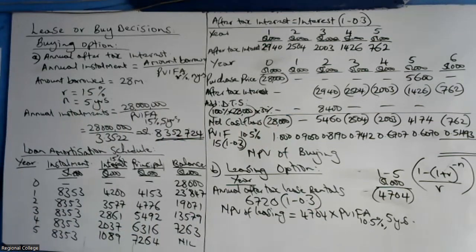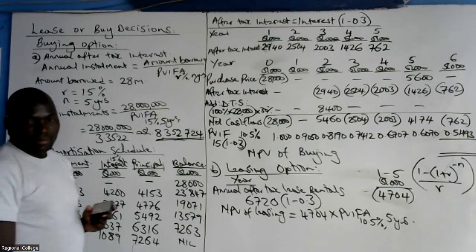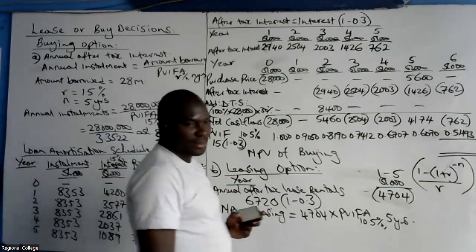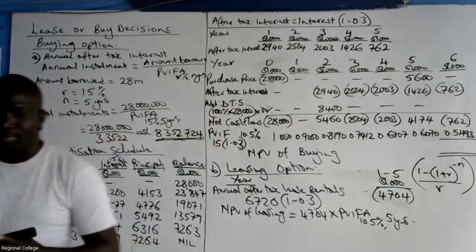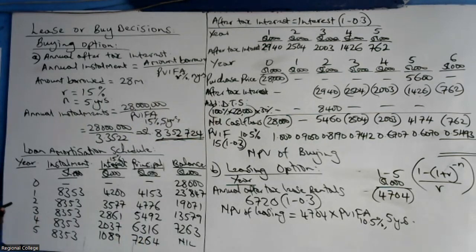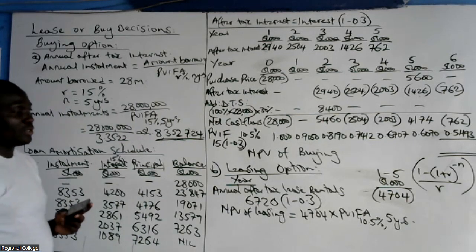So that equals. Then divide by 0.105. 1 minus 1.105 raised to a negative 5 equals divide by 0.105.